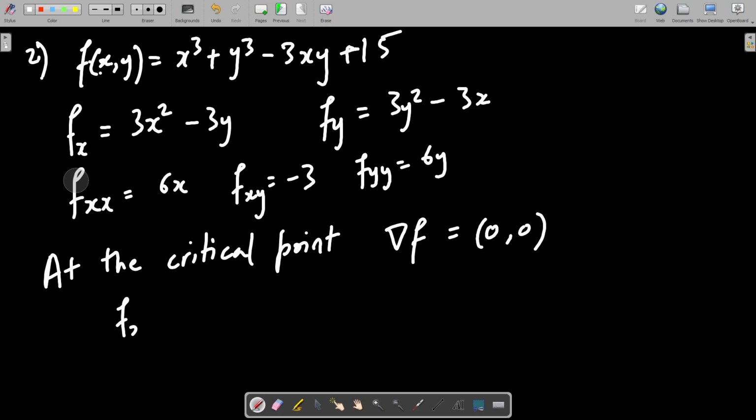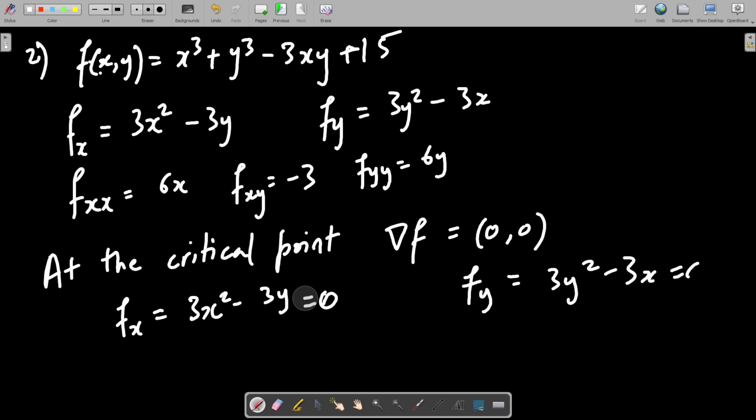So this implies that fx, 3x square minus 3y, you put it equal to 0, and fy, this is going to become 3y square minus 3x, this is equal to 0.